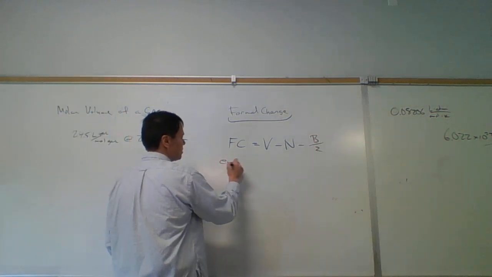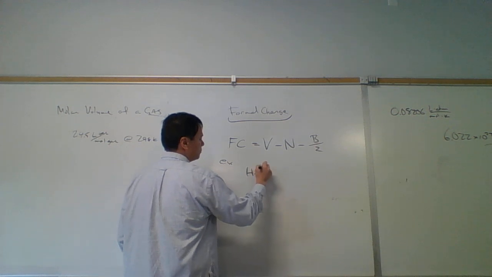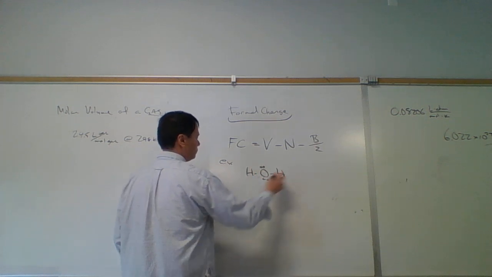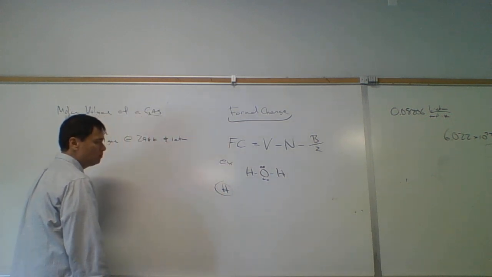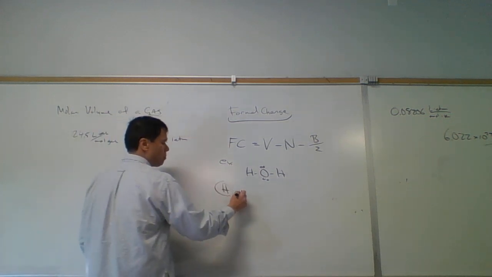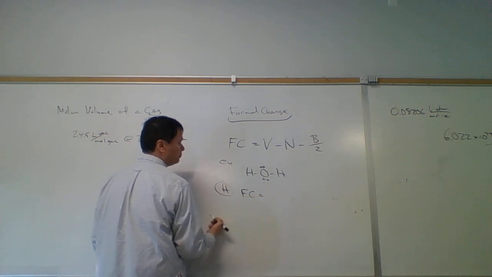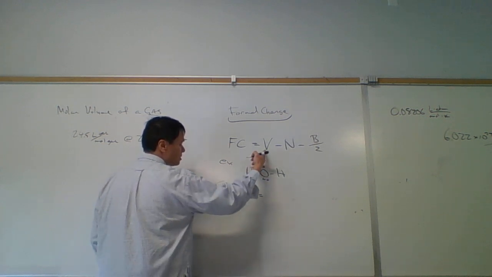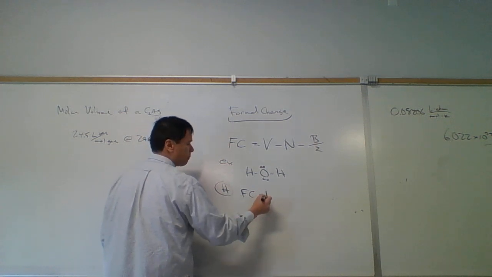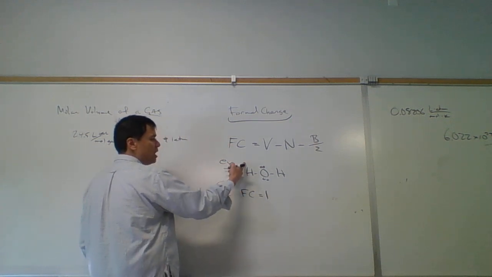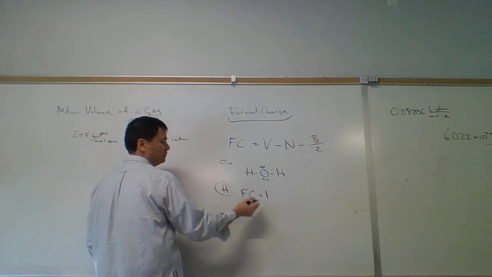So let's do some examples here, like water. If we look at the formal charge for hydrogen, how many valence electrons does hydrogen have? How many non-bonding electrons does hydrogen have?